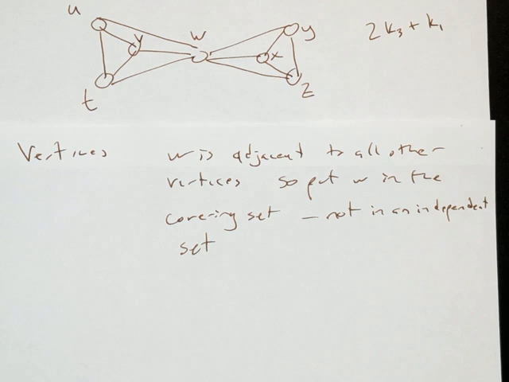If I disconnect it using that cut vertex, then I end up with two triangles. That's C3. How many vertices do I need to do C3? So the number of independent vertices or the number of vertices in a vertex cover? Which way are we doing it?